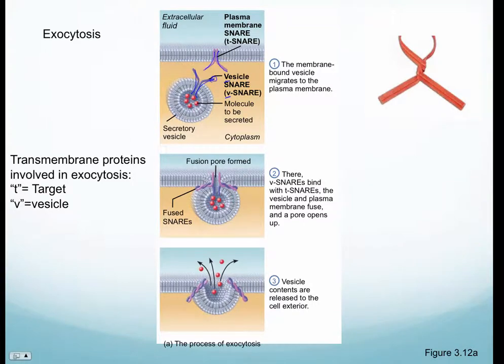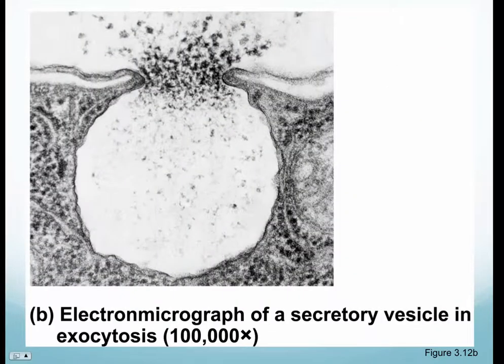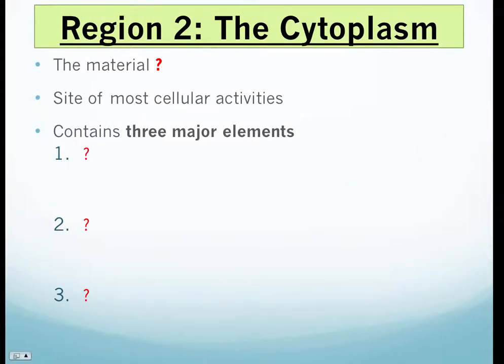And all it's going to do is start coiling up just like this and expel the contents to the extracellular environment. Okay, so that's how exocytosis works, using these SNAREs. Here's an electron micrograph of this vesicle fusing with the cell membrane and releasing the contents through exocytosis.